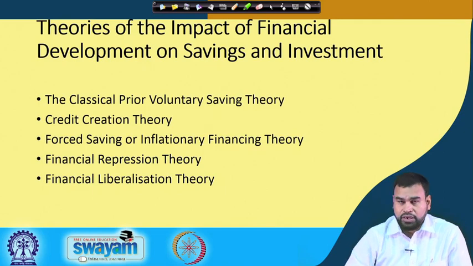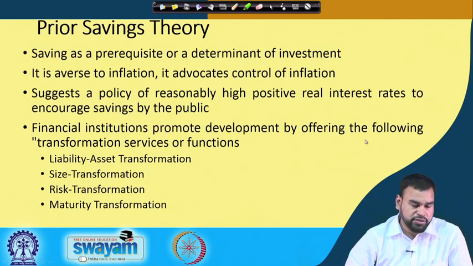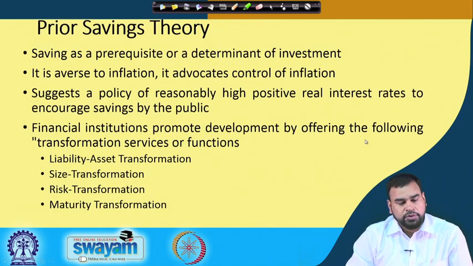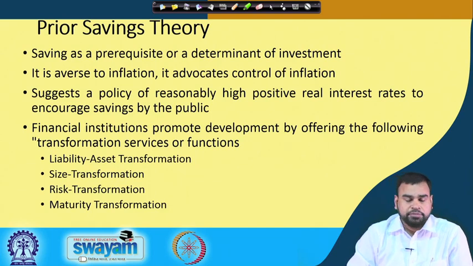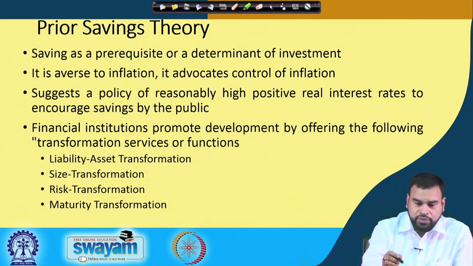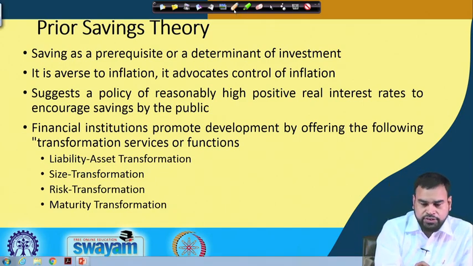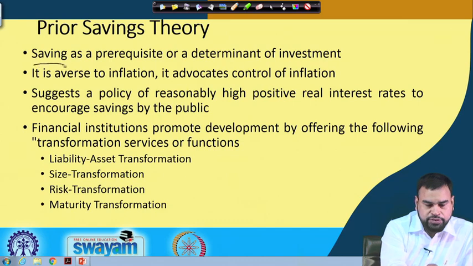One by one, we can discuss what these theories talk about. If you talk about the prior savings theory, which is given by the classical economists, it tells that saving is a prerequisite or determinant of investment.